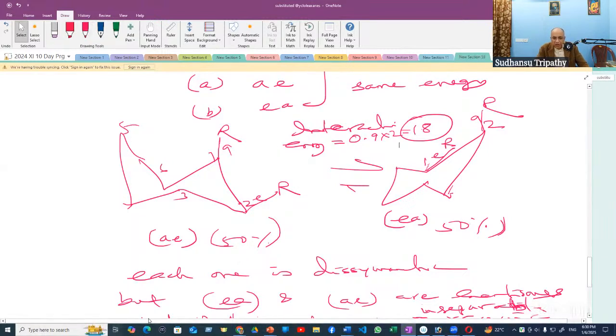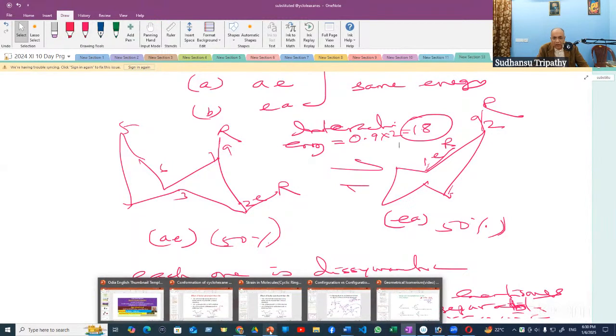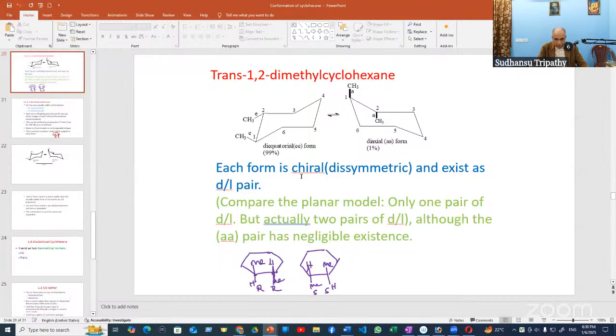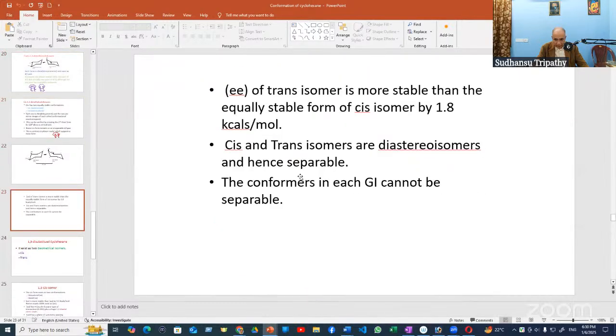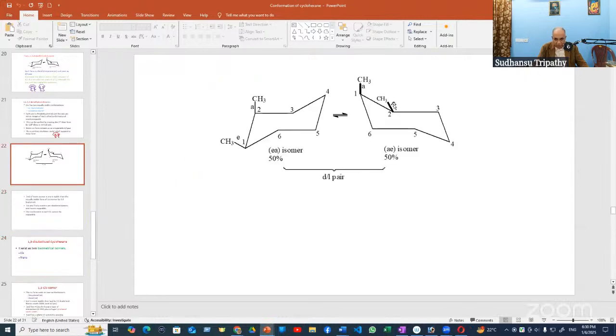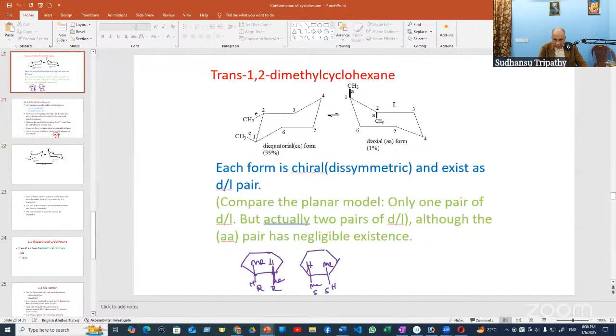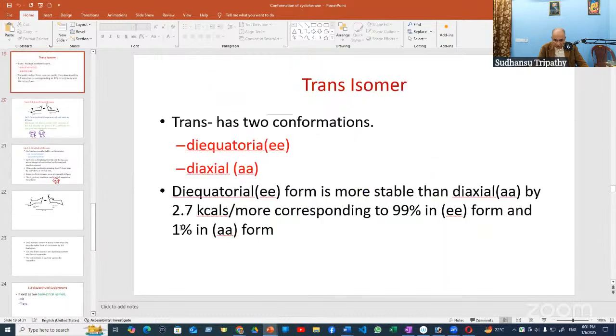Now, let me check whether this is going okay or not. It's okay, but 1.8. No. Something is going wrong. That's why I was really thinking. The interaction energy of trans is 99.1%, 2.7, that is okay.